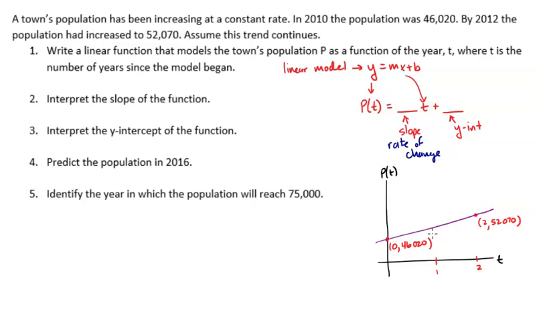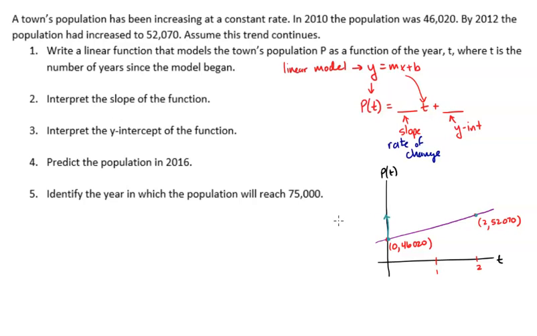Let's figure out what the slope of this line is. Remember, slope is our rate of change. Since rate of change is usually rise over run, to get from this point to this point, it's going up by 52,070 minus 46,020.